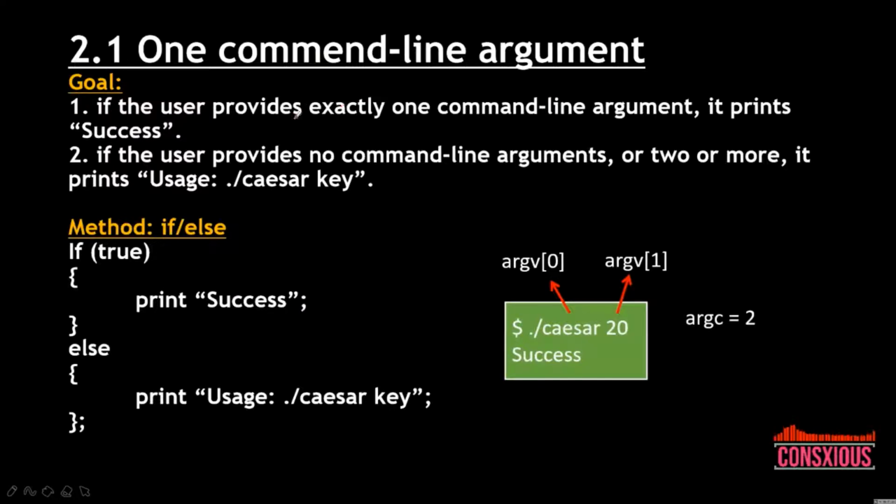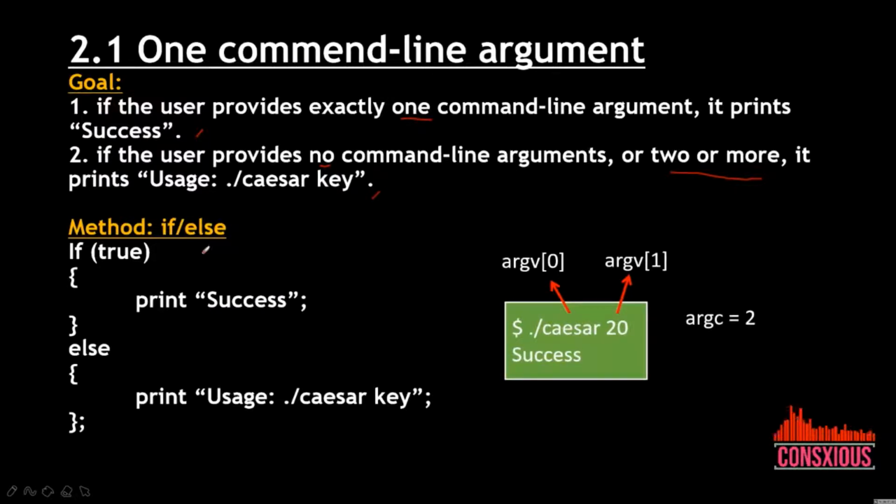The goal here is to determine that the user provides exactly one command line argument, then we print success. If the user does not provide any command line argument, or they provide two or more, this is exactly not what we want. So we'll print out this result here.